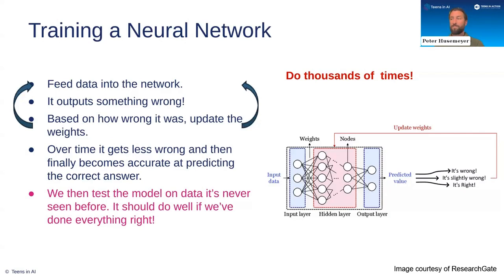Now, over time, the model will get slightly less wrong, because as you've been tuning these weights, it's starting to explore the complex landscape of this function that we're trying to find. And it's getting better and better at predicting the underlying training data.